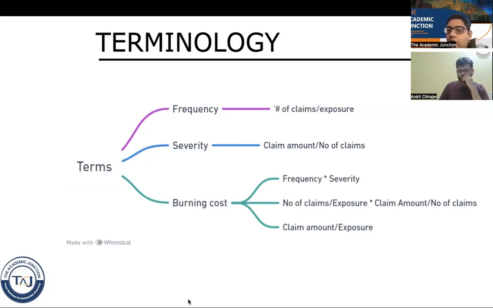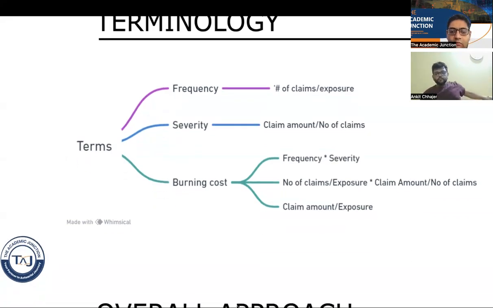Leave alone all the other added components of the office premium calculation that we have seen. If your premium is so low that it does not even cover your burning cost, then something has gone seriously wrong in your pricing mechanism, or some kind of external force is at such a big play that you are okay with losing money on the business you're underwriting, right?